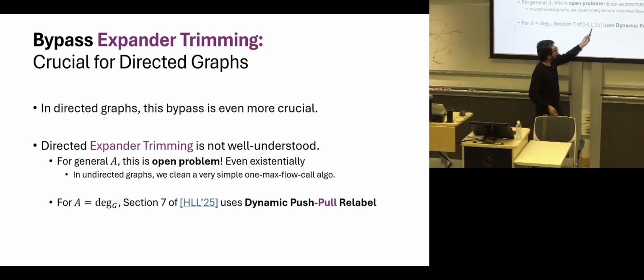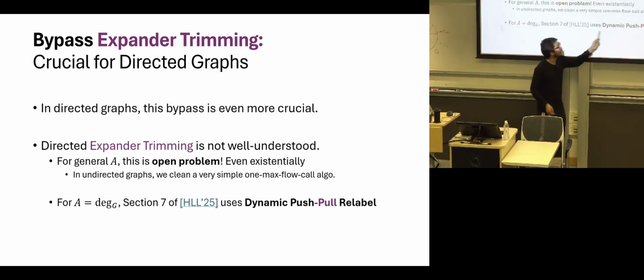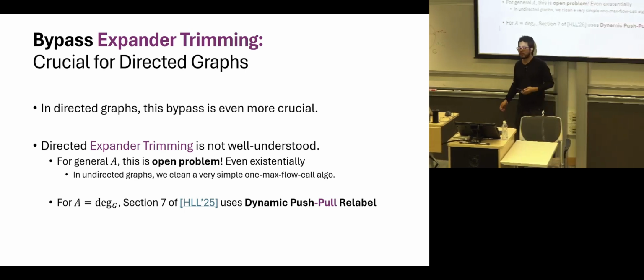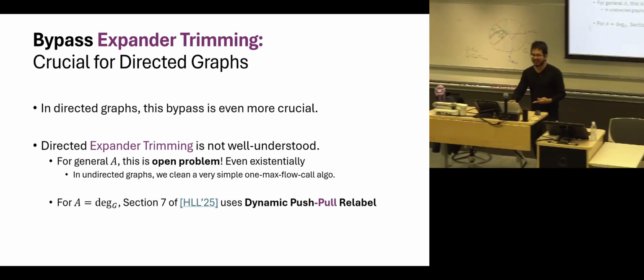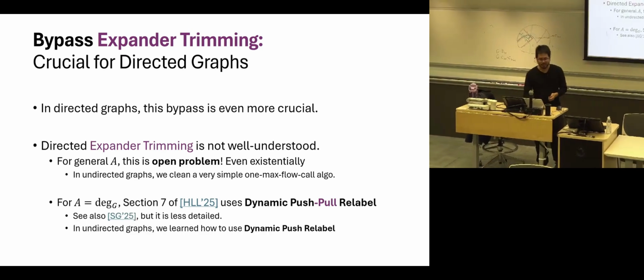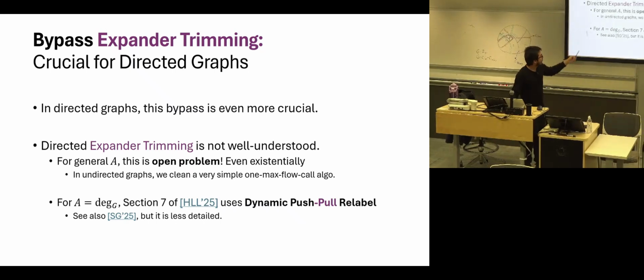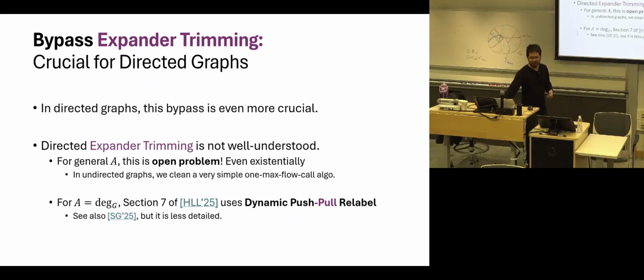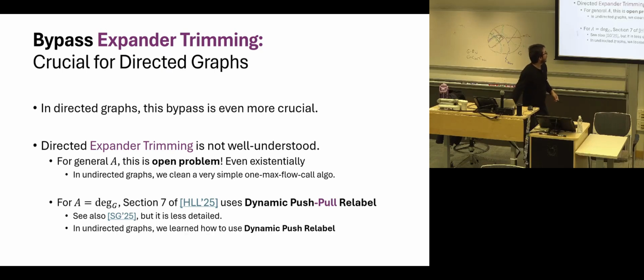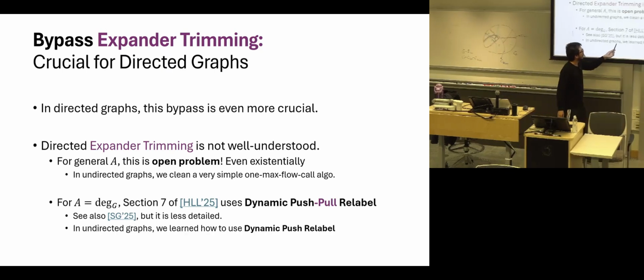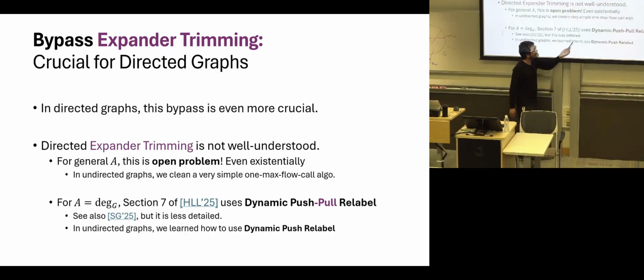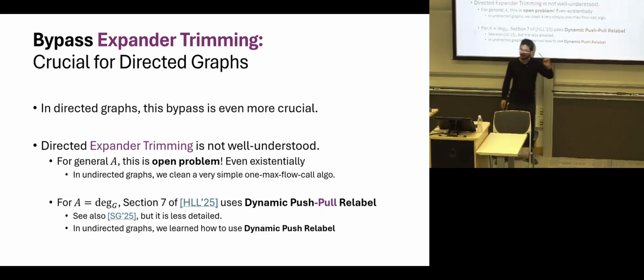You can have a look at this paper. They use the technique of dynamic push and pull relabel, not just push relabel. There is another paper here. Actually, it's first, but it's harder to understand. In undirected graphs, we saw how to solve this using dynamic push relabel.